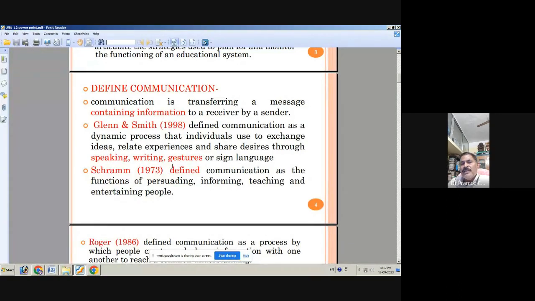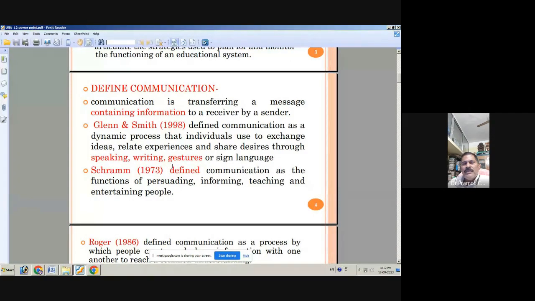The sender will send the information, and automatically the receiver will also accept it. According to Glenn and Smith, communication is a dynamic process that individuals use to exchange ideas, relate experiences, and share desires through speaking, writing, and gesture. Gesture is nothing but sign language.